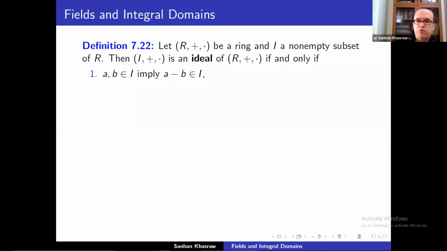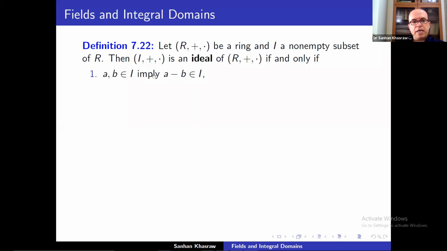I would like to review the definition of ideal, and then I will try to connect the ideals with fields and integral domains. So as you know, for those who have taken the group theory course, an ideal is a non-empty subset of R. So if I is a non-empty subset of R, then the triple I with plus and dot is called an ideal of R if I have two conditions.